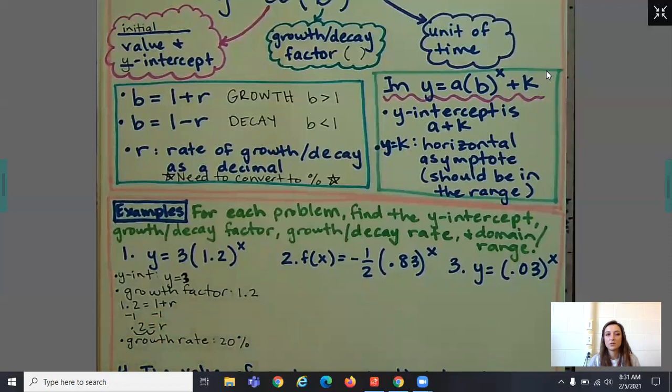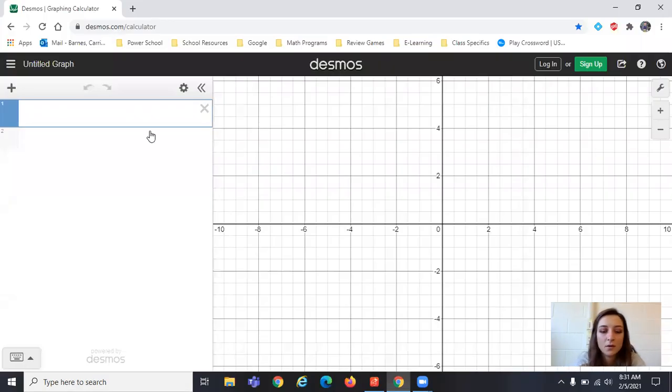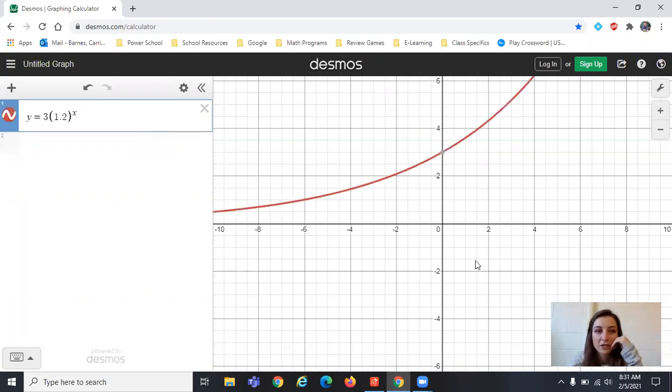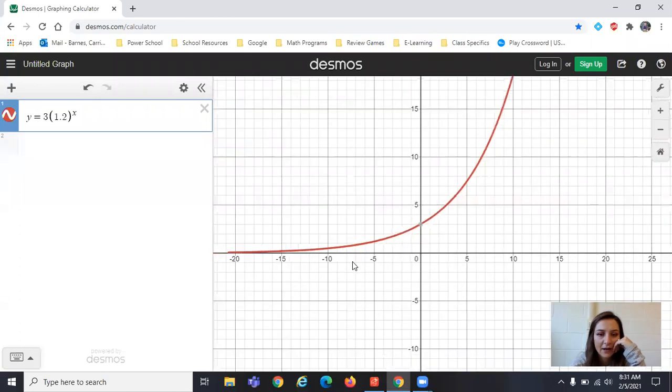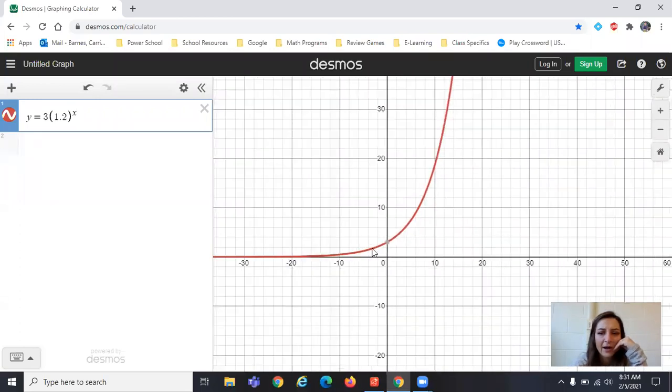Okay, the last thing that we're going to do is the domain and range. So let's go look in Desmos and type these guys in and see what our domain and range are. Okay, so here's our function, and if you notice, it's actually not going below the x-axis right here.